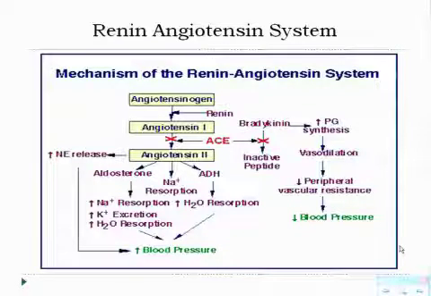Angiotensin 2 also not only affects vascular tone, but it also increases the adrenal cortex to release increasing levels of aldosterone. Okay, aldosterone then goes to the kidney, tells it to retain more sodium. Sodium is then retained with water coming back with it, and increases potassium excretion, and begins to increase your total body volume.